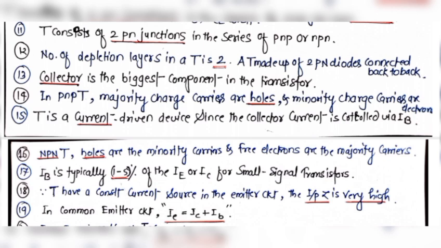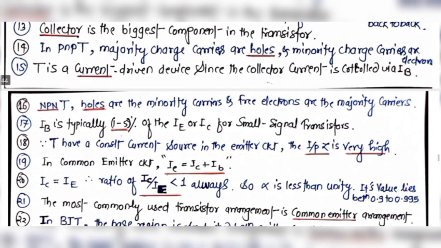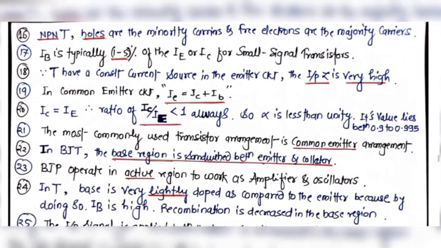In PNP transistor, majority charge carriers are holes and minority charge carriers are electrons. Transistor is a current driven device since the IC is controlled via IB, that is, collector current is controlled via base current.